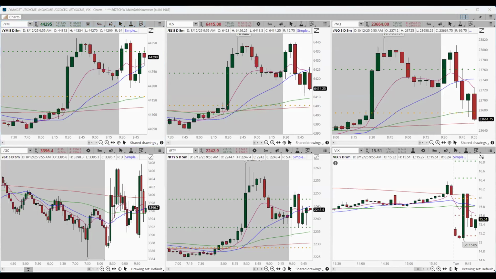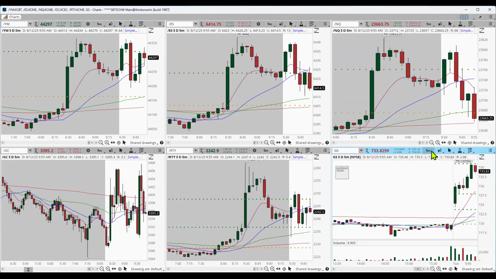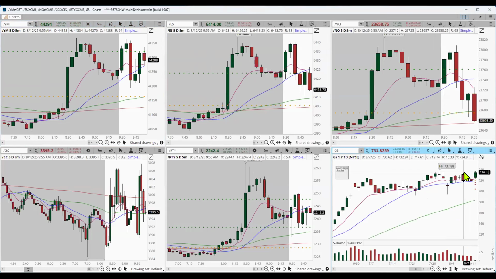What's so strong? Okay, so now we have Goldman Sachs, which is going to start breaking out probably massively. This is the daily. This is the all-time high, and this is where it wants to explode.